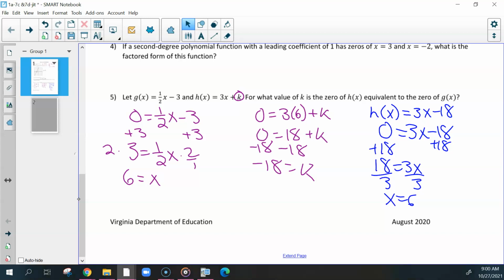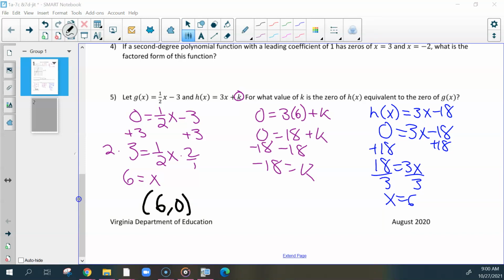Because our X-intercept is 6, 0, we can put that ordered pair into the second equation, which is what this middle part is. Putting in 0 for y, 6 for x, and solving for k. When you solve for k, you get negative 18, which is the answer they're looking for.